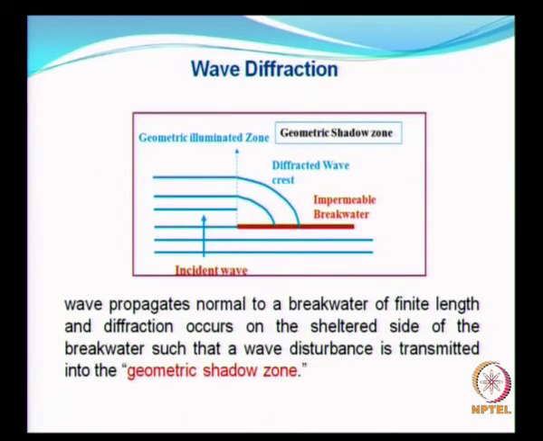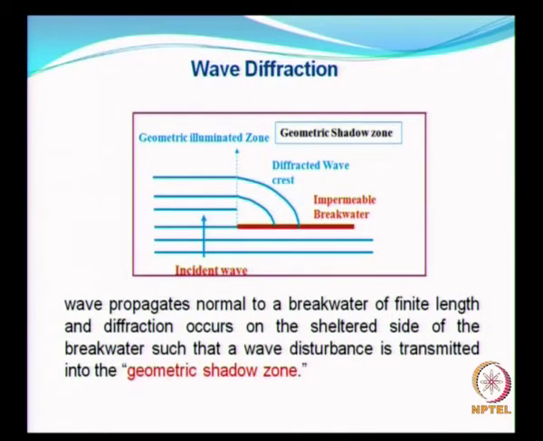Why do I call it the simplest case? Because a breakwater need not be impermeable, it may be a permeable breakwater. When you consider a permeable breakwater, then you have to find out how the energy is dissipated due to the presence of the breakwater, etc. So all these things are now avoided, and we will just examine how the waves move around due to the presence of the structure.